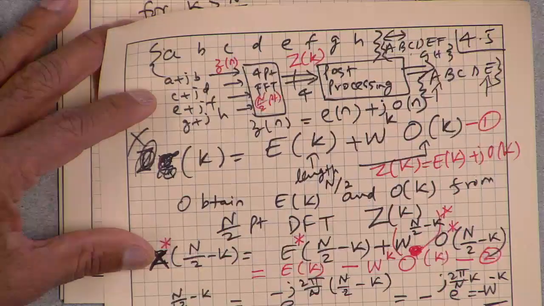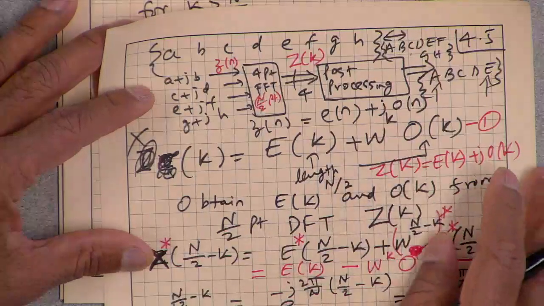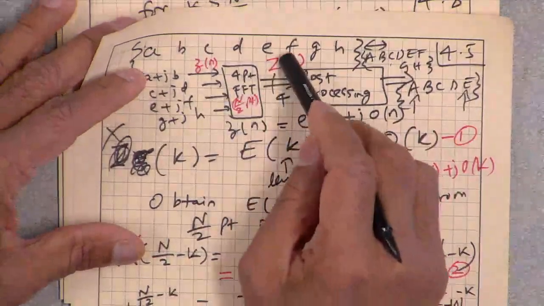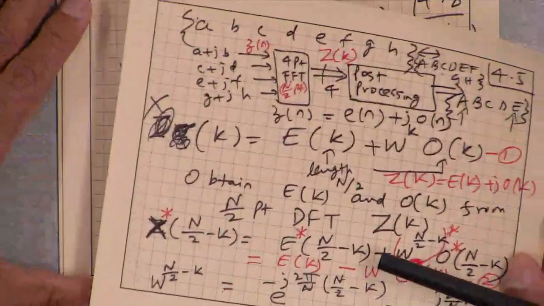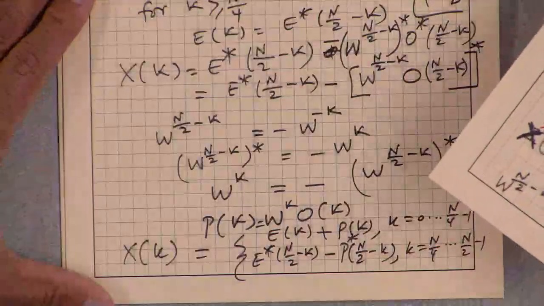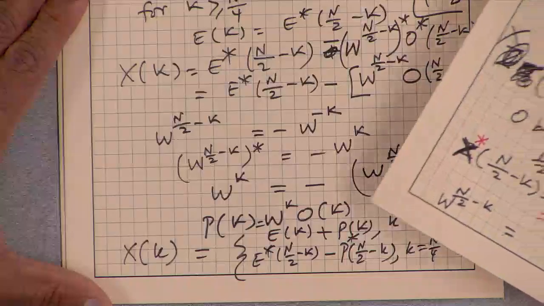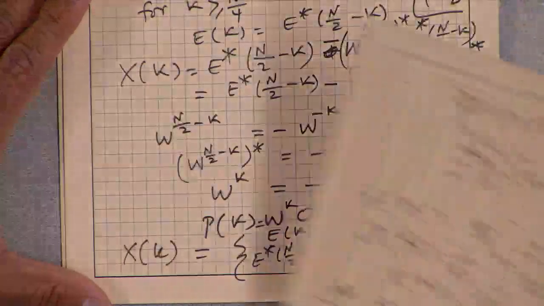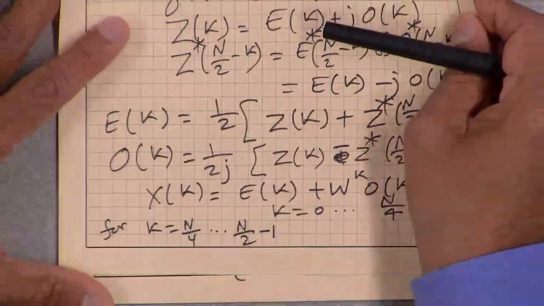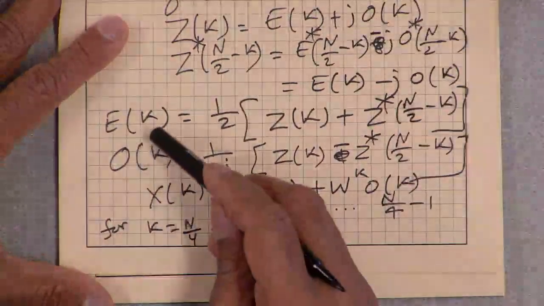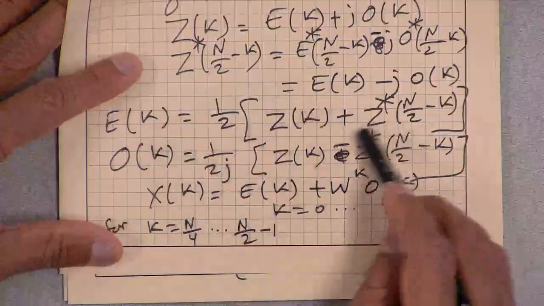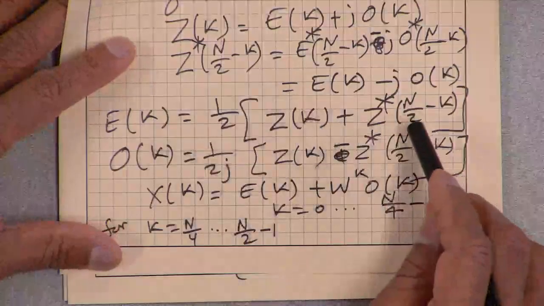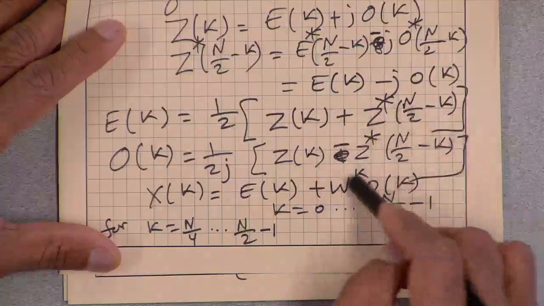Compute the length n by 2 DFT of that complex signal and call it Zk. So Zk is of length n by 2, and from that we get Ek and Ok using these equations.